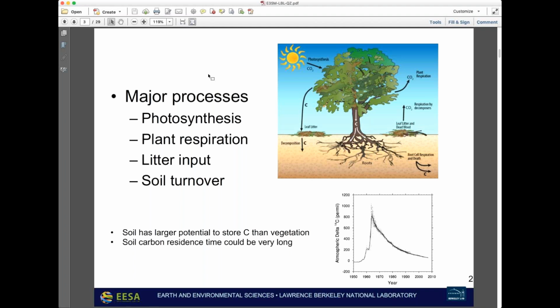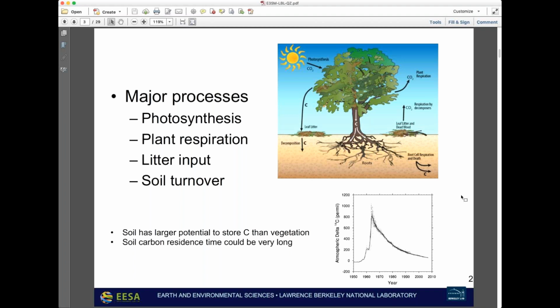And also from the atmospheric side, after the bomb test, the 14C declined quickly. So this time series is imposed in the model, in order to represent the before-bomb-spike and after-bomb-spike 14C dynamics. So those are the two major differences.